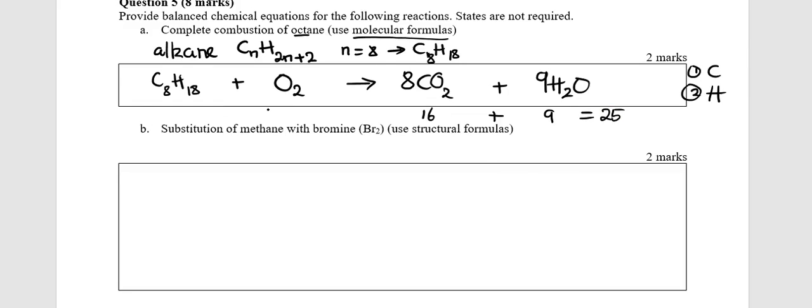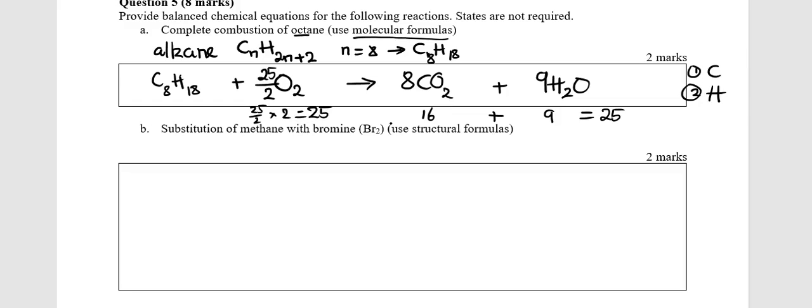So I need to get 25 oxygen atoms from the reactant side to balance that. And in order to achieve that, I'm just going to need to put a 25/2 coefficient in front of O2. So if you have 25/2 multiplied by 2, you will also get 25 oxygen on the reactant side.